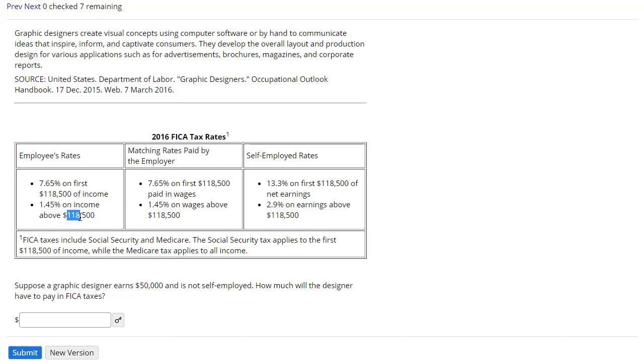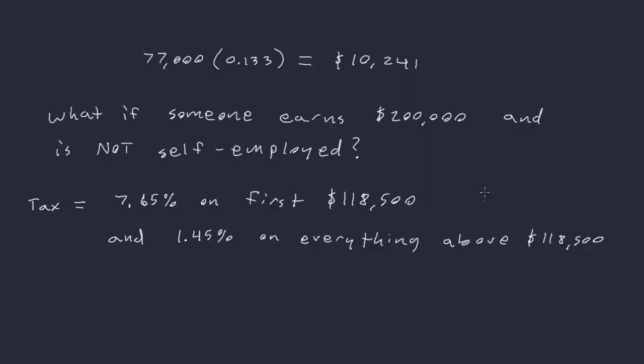So we need to basically calculate the 7.65% on this first amount of income, and then 1.45% on everything past that.